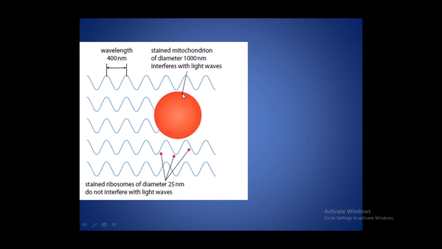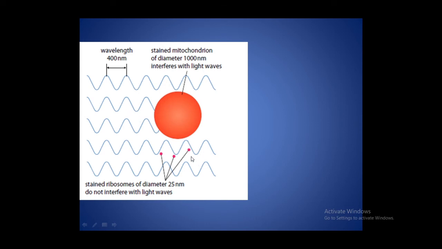And if you see, this is a cell organelle called mitochondria, which has a diameter of 1000 nanometer, and you can see that this 1000 nanometer diameter mitochondria can be observed using this wavelength, because it is able to interfere with the light waves, and hence it can be observed.